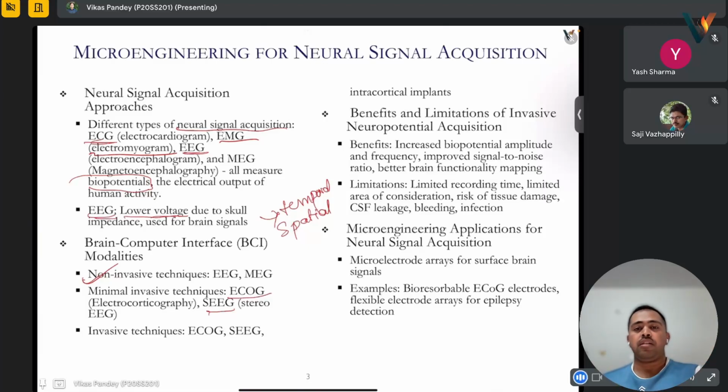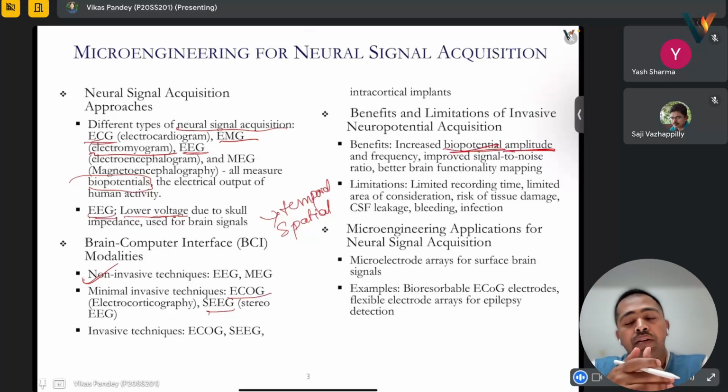So what are the benefits and the limitations of invasive neuropotential acquisition? The benefit is certainly, like I said, an increased amplitude of biopotential. There is no barrier, no impedance, so we are directly getting the signal. Certainly it will have good amplitude.